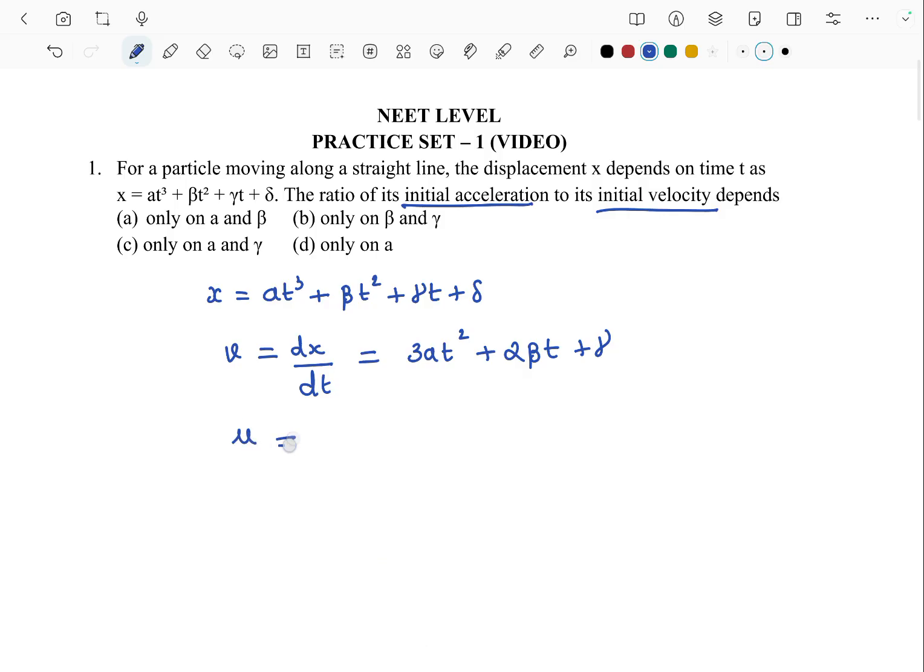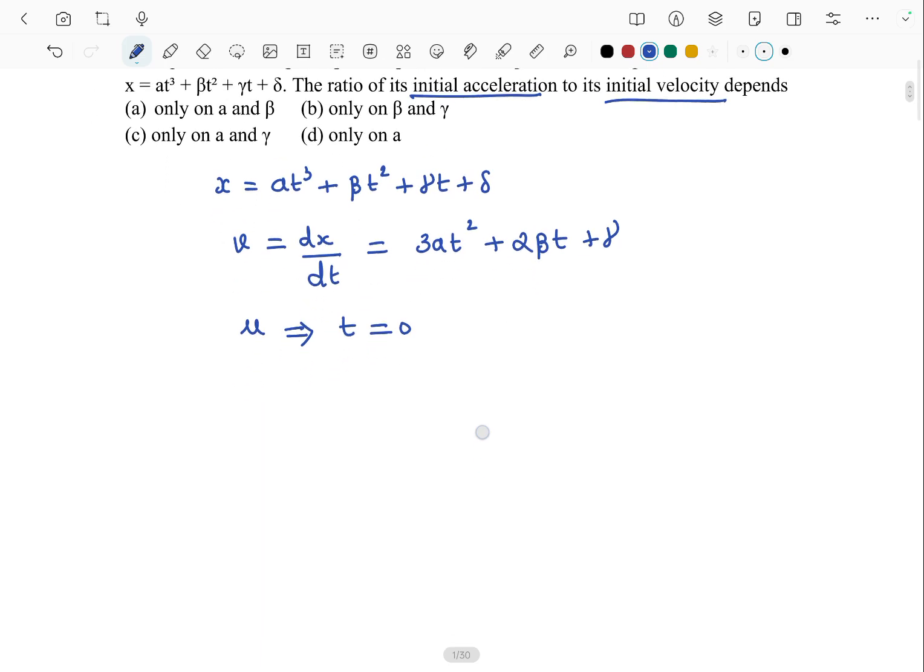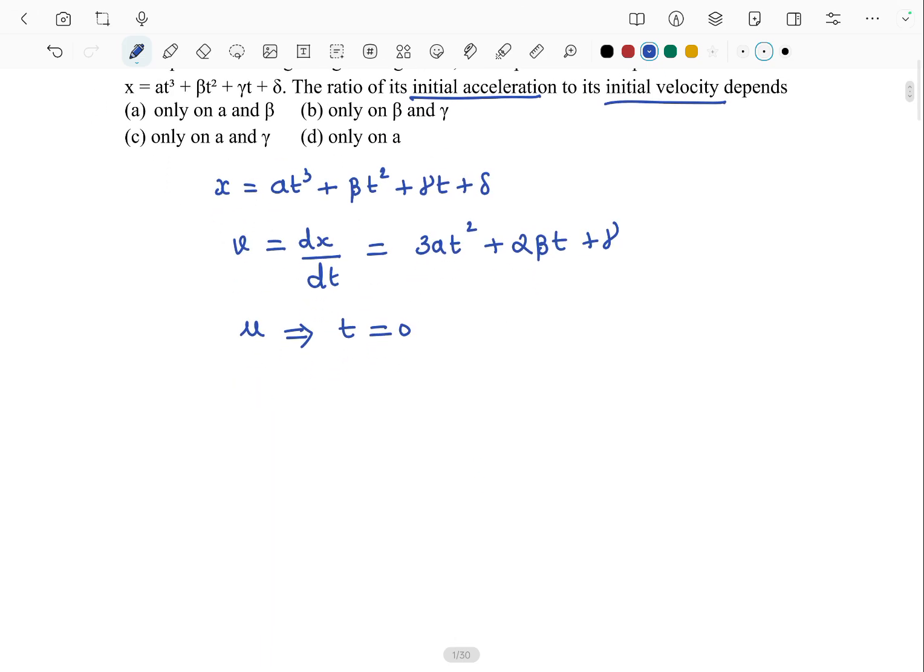Initial velocity can be calculated when time t is equal to 0. Let's substitute here. Your u is equal to 3 alpha into 0 plus 2 beta into 0 plus gamma. So u is only gamma meter per second.